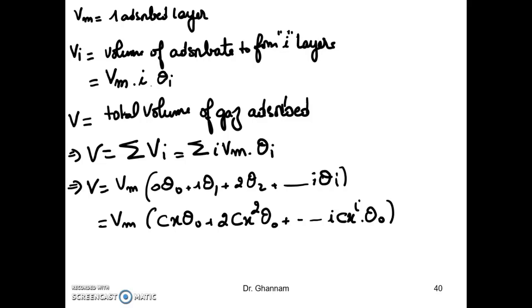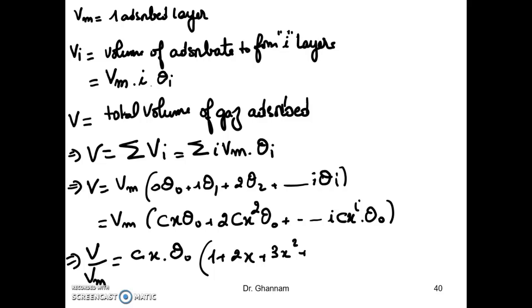So here, V over Vm, which is my coverage, if you remember from Langmuir, is equal to Cx theta 0, which is common in all these factors, times 1 plus 2x plus 3x squared plus I x^(I minus 1).